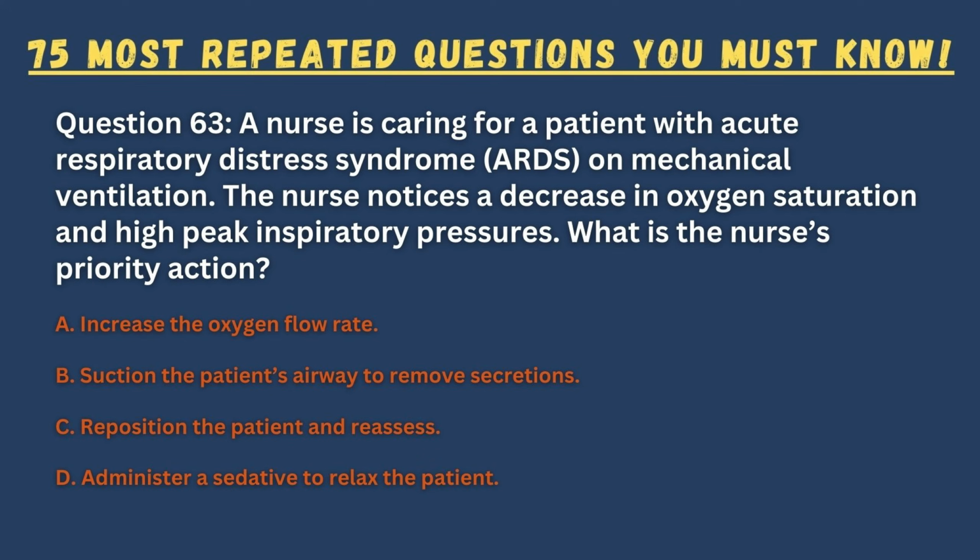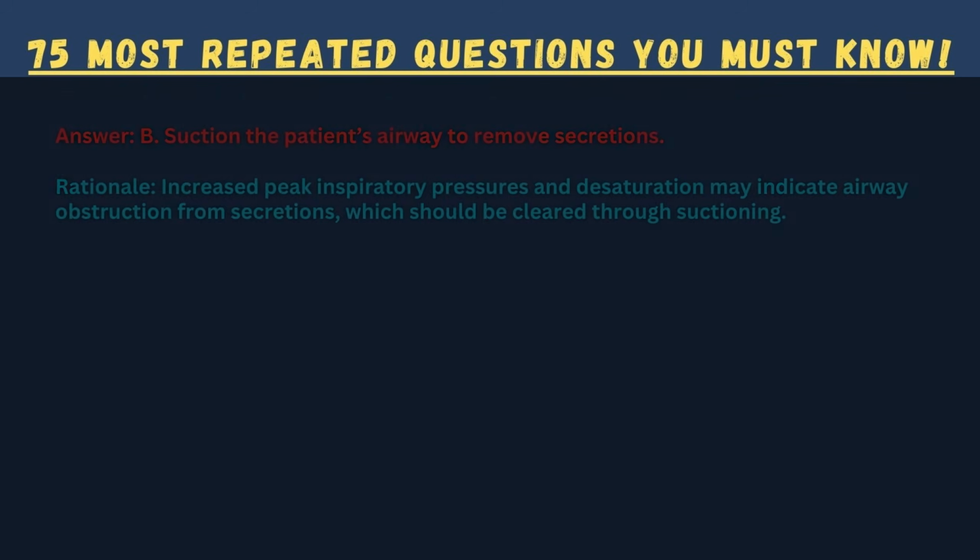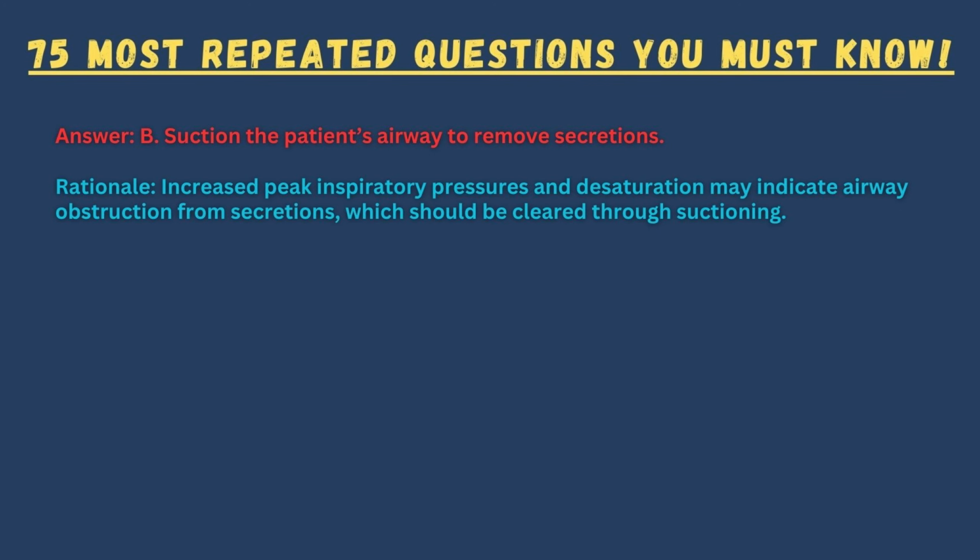C. Reposition the patient and reassess. D. Administer a sedative to relax the patient. Answer. B. Suction the patient's airway to remove secretions. Rationale. Increased peak inspiratory pressures and desaturation may indicate airway obstruction from secretions, which should be cleared through suctioning.